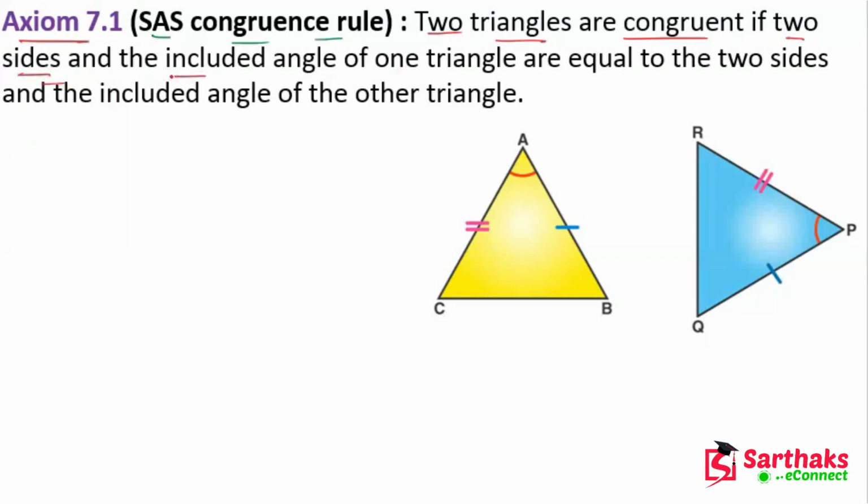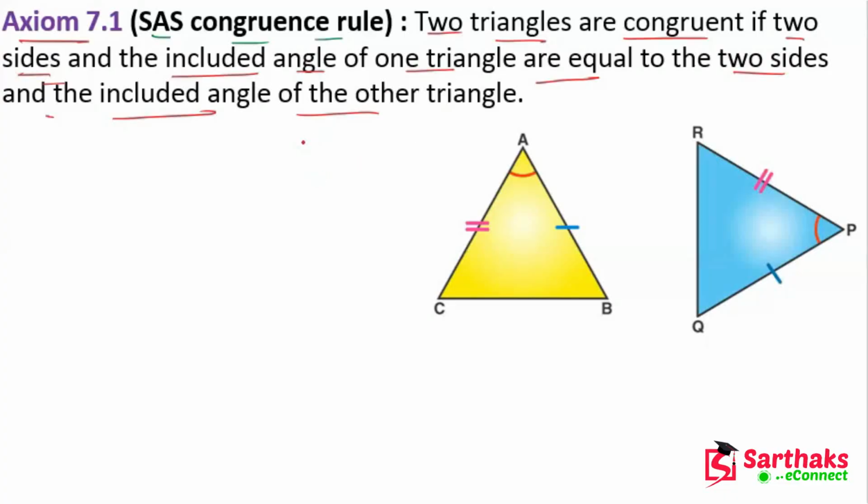and the included angle of one triangle are equal to the two sides and included angle of the other triangle.